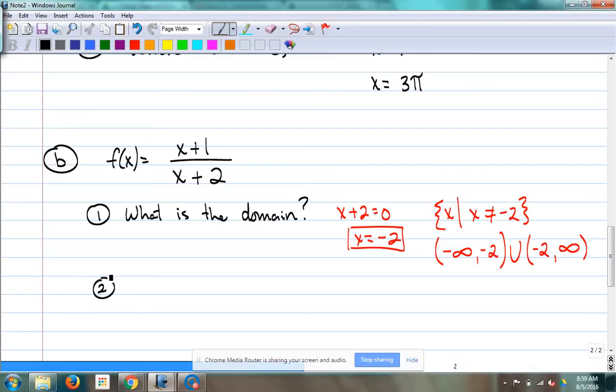Here's another question. Is (1, 1/2) on the graph? What does that mean? Plug what in?